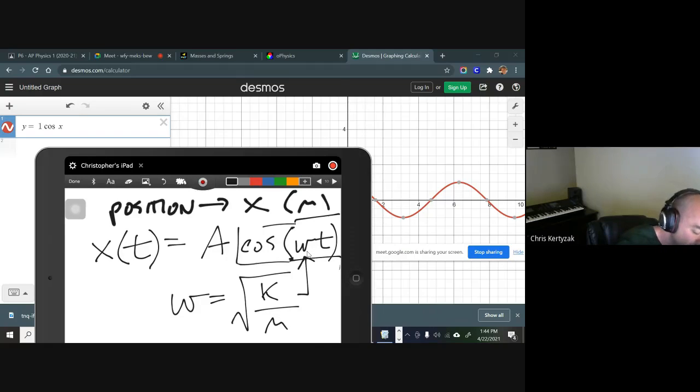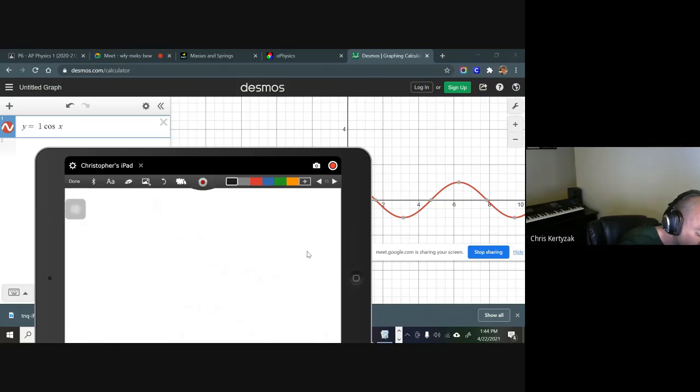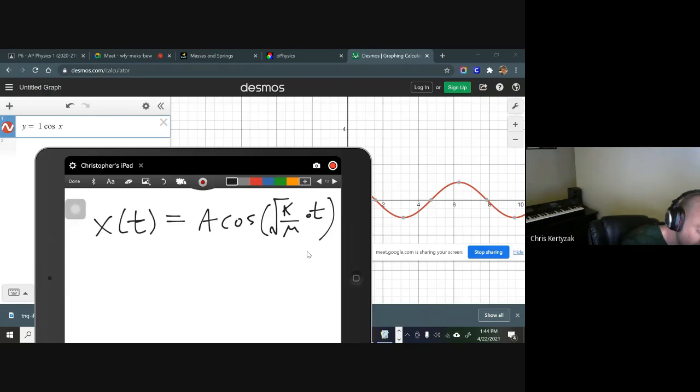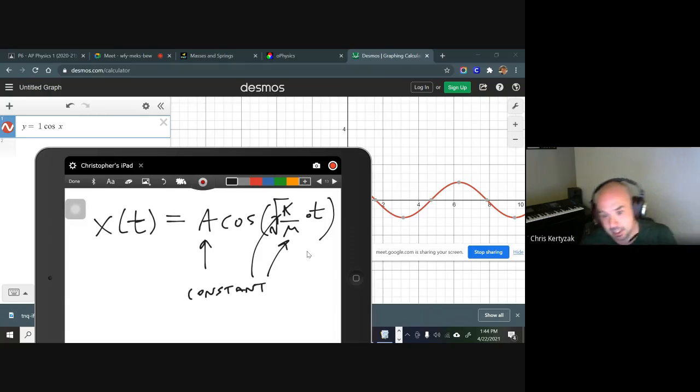So that means we can write x of t equals A cosine of square root of k over m times t. So as a function, A is a constant. It's the distance you originally pulled it before you let go of it. It's the amplitude. Mass is constant. It's called the spring constant. It's constant. These are all numbers.